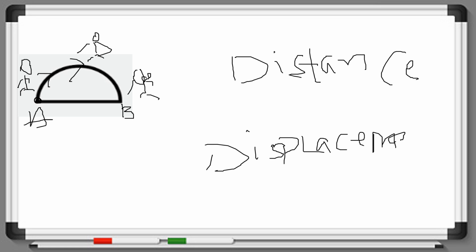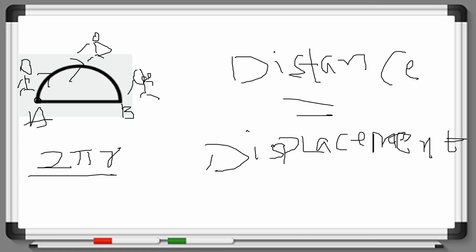So, boys, when we talk about distance, we move from point A in the curved path to B. That is a semicircle. We are talking about a semicircle. When we cover a circle, the total distance is the circumference 2 pi r. When we say semi, we divide by 2. 2 pi r divided by 2, that is nothing but the distance pi r.